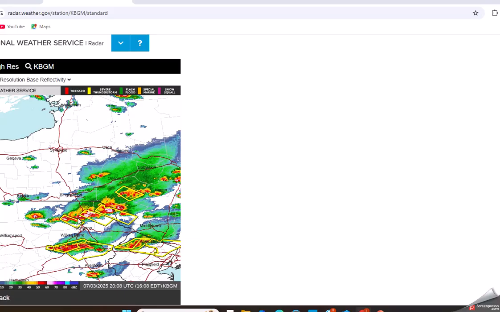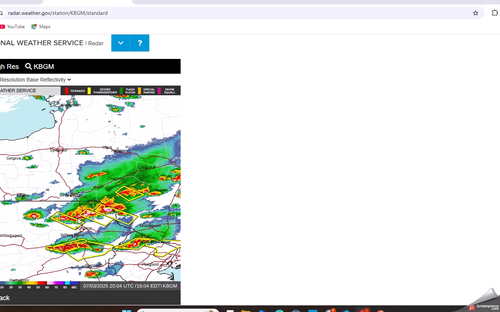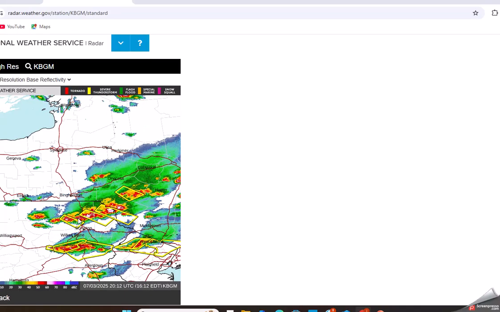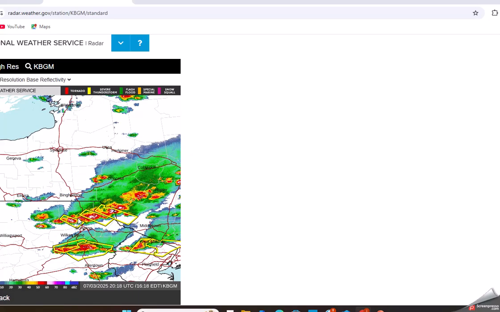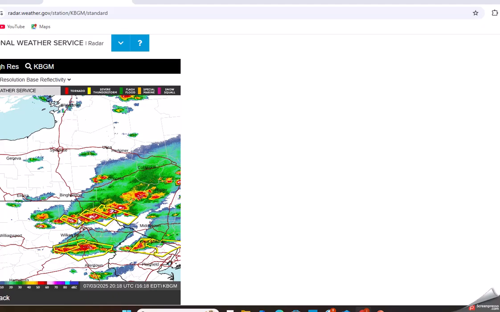When a pulse of energy is sent out from the radar, what happens is it's reflected back by precipitation, or even sometimes bugs or dust or other things in the air. The more intense the precipitation, the more reflection there is returned to the radar.